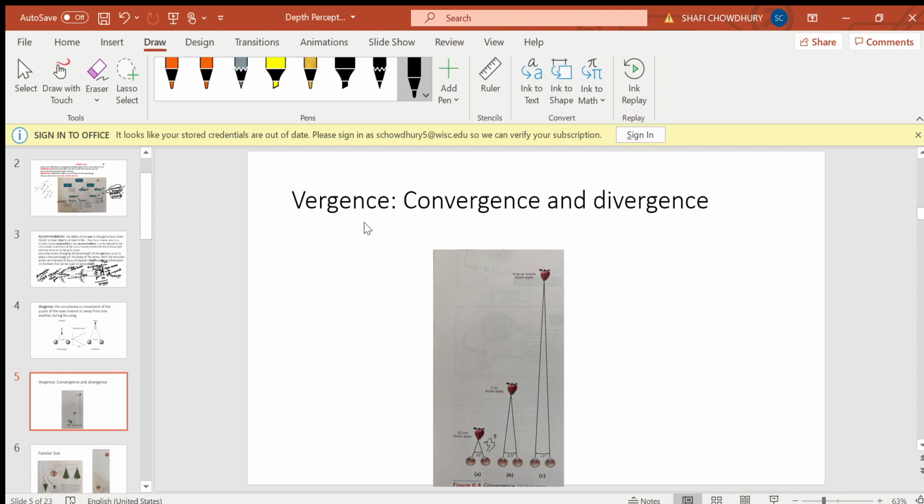Here, if you move it to 1 meter away from the eyes, there is less pressure on the muscle, and the angle here is only 3.5 degrees. And this is 4 meters or more from the eye. The angle is less than 1 degree. Okay, so here the eyes are parallel or almost parallel.